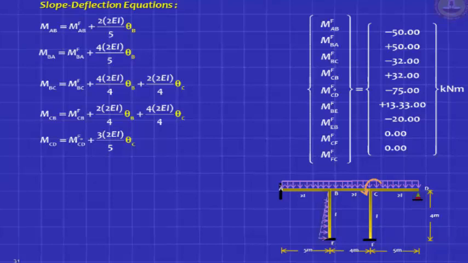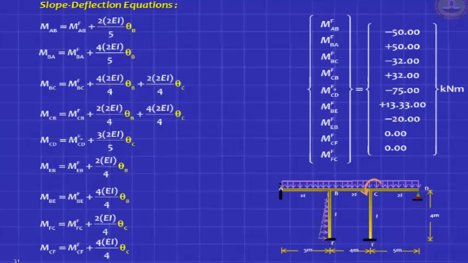Okay, so we've written the slope deflection equation for all the horizontal elements. Now you write for the vertical elements. For the element EB, MEB is MFEB plus 2 EI by L of theta B because theta E is 0. And for MBE, it's MFBE plus 4 EI by L for theta B. L is 4 meters.